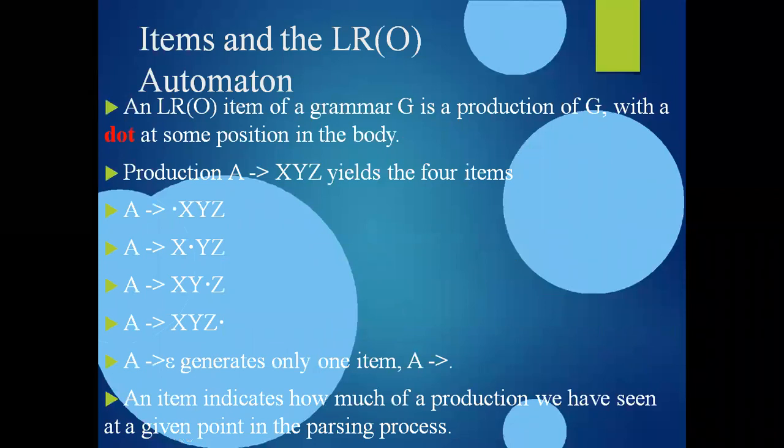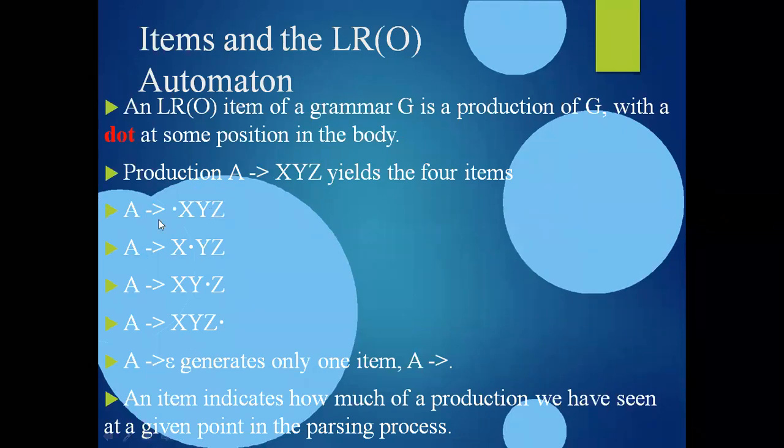See, once all of you see here, the definition of LR of zero items and its related terms. The LR of zero item for the grammar G is a production rule in which the symbol dot is inserted at some position in the RHS of the rule.